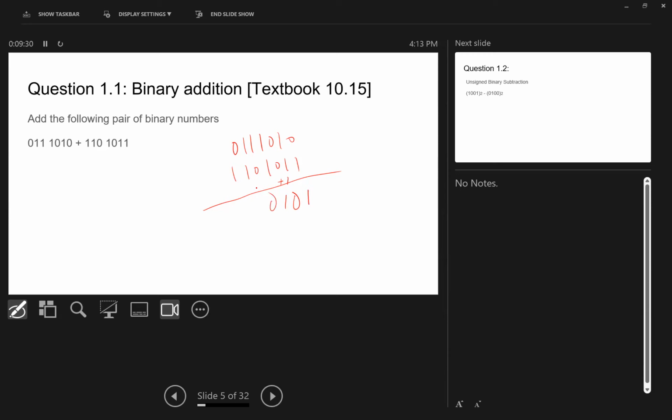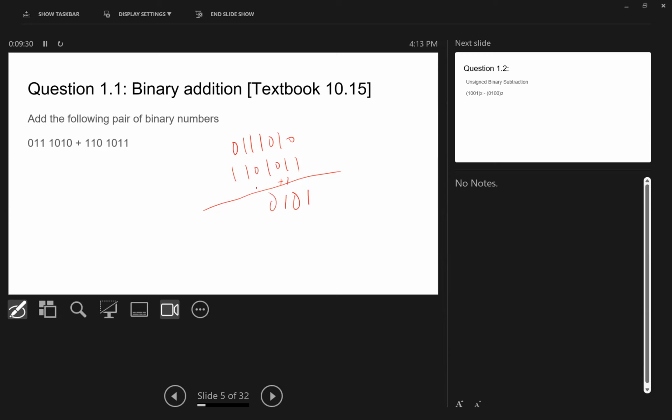What we do, we just write the two binary numbers, and it's quite similar to decimal addition. Then we do addition from the least significant bit, and if the addition result overflows, we will have a carry out signal, namely the carry in signal for the next bit, right?